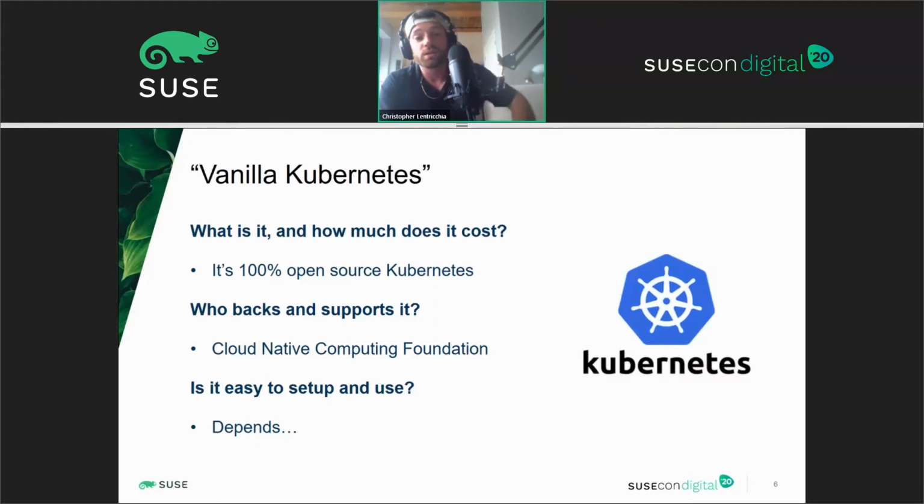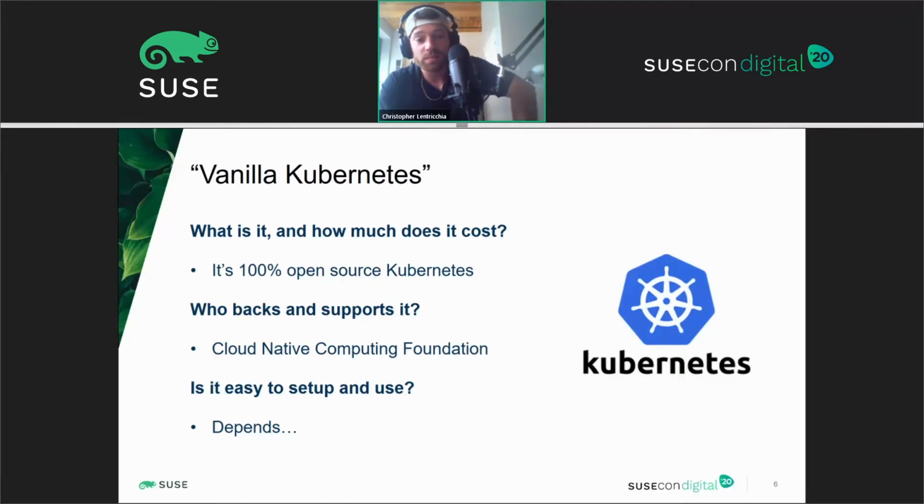Now, it is important to mention that vanilla Kubernetes is self-supported. So if you encounter an issue with your download of Kubernetes, it will be up to you to crowdsource that. Now, there are Slack channels, forums, email lists, etc., to help you do that, but you will have to crowdsource the answer to your problem, and that is one downside.